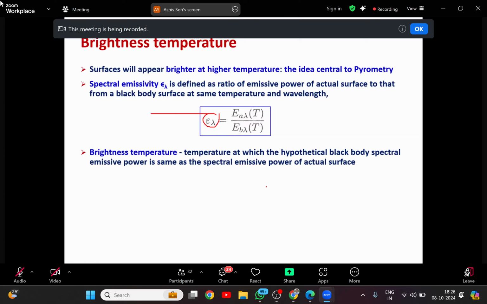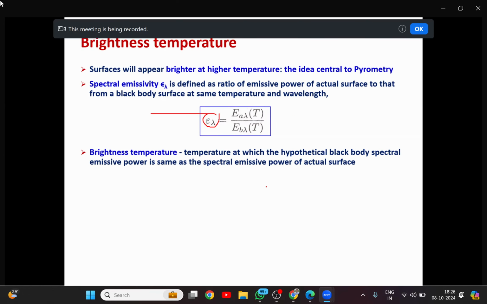Now, if you take a black body, at what temperature will the black body give the same emissive power as the aluminum surface at 800 degrees centigrade?